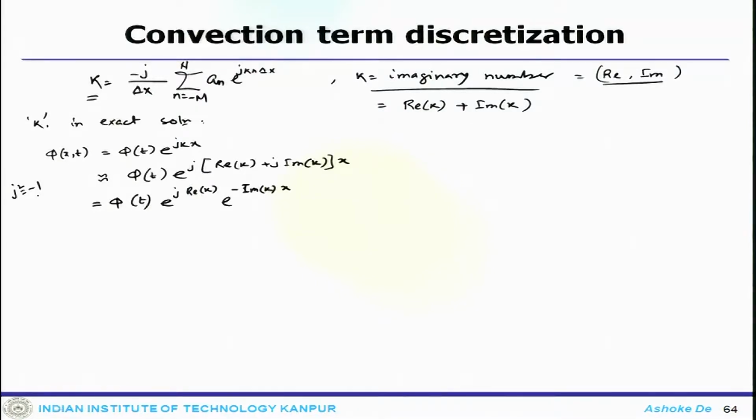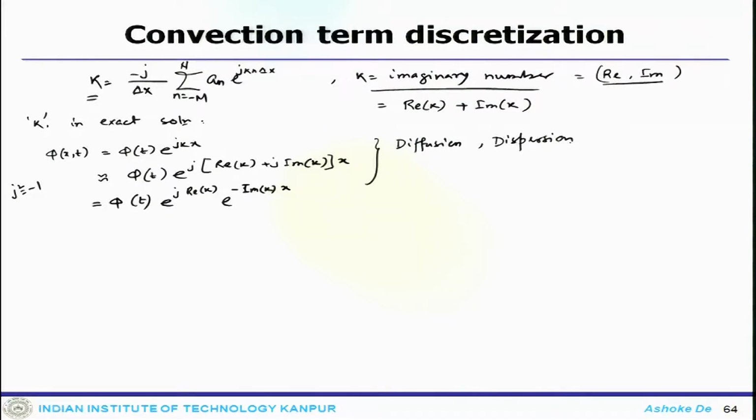So, if you look at the numerical solution, it may include both the terms. That means it may include both diffusion and dispersion.